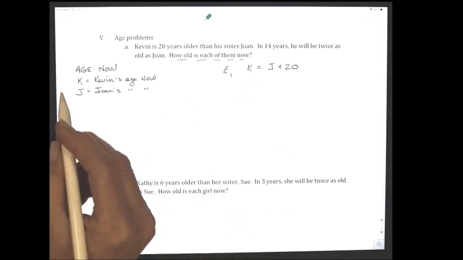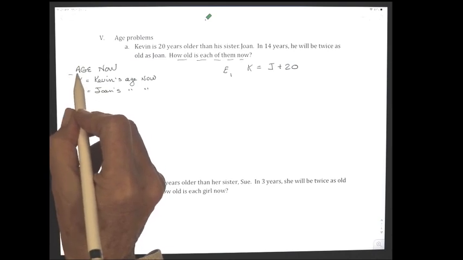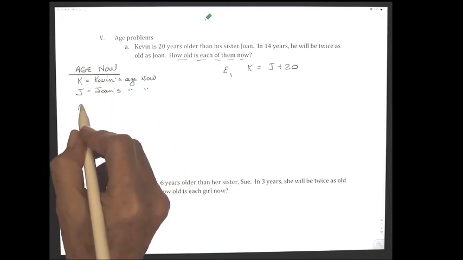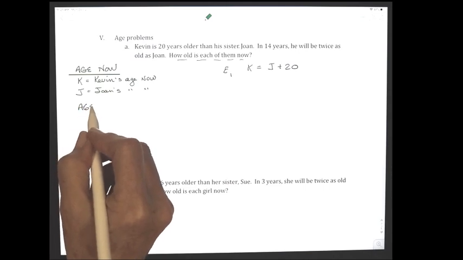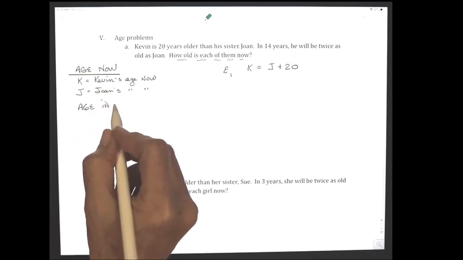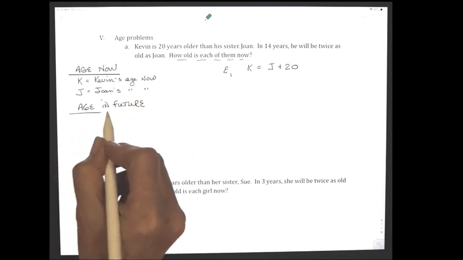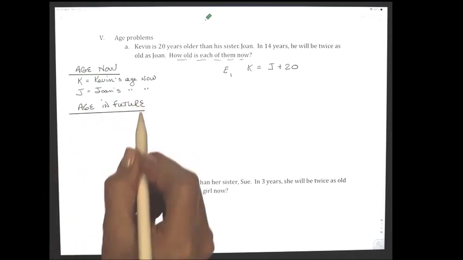So now I'm going to go with another little organizational tool over here. Here are their ages now. Let's take a look at their ages in the future. This is the second part of my problem that I want to work on.